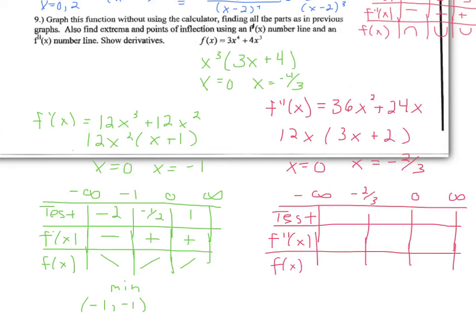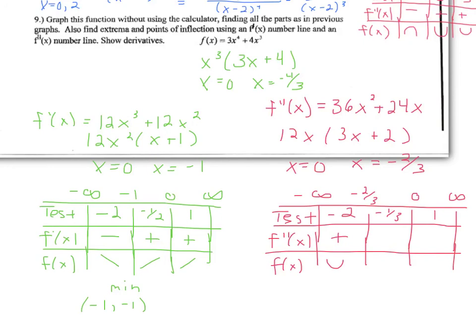Okay, so I will plug in a -2 and a -1/3 and a 1. So if I plug in a -2, I'm going to get a negative times a negative, which is a positive. So I should start by being concave up.